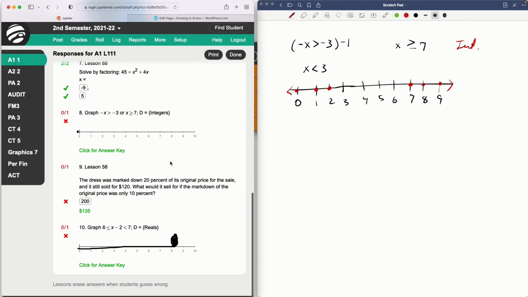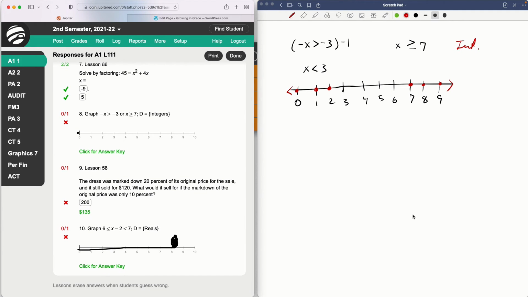Number 9, let's see what happened. The dress was marked down 20%, right? So it was marked down 20%. There's the percents. There's the dollars. And the discount, what it sold for, the selling price, was 80%, right?